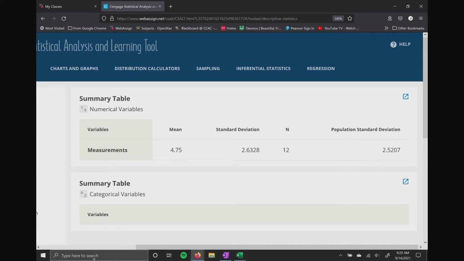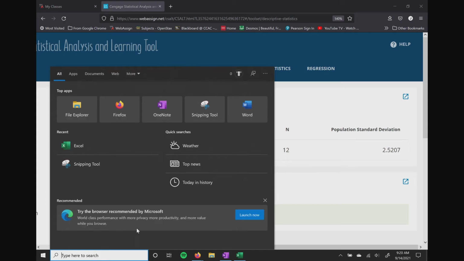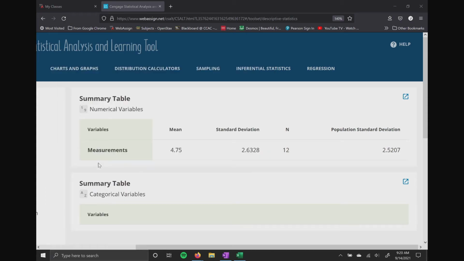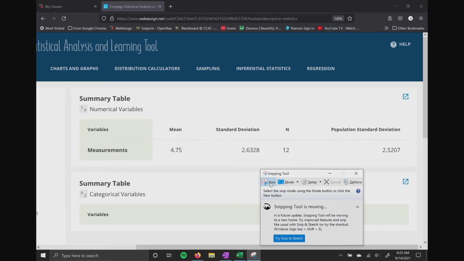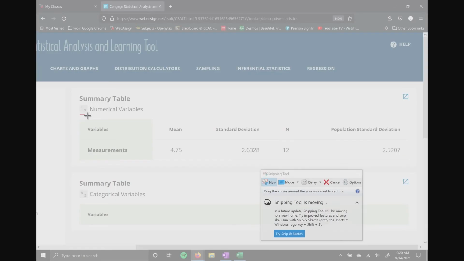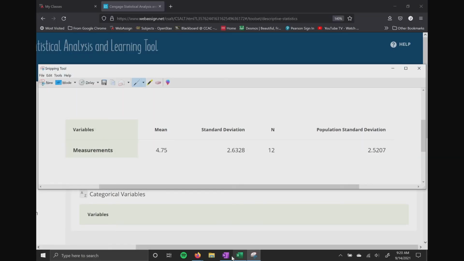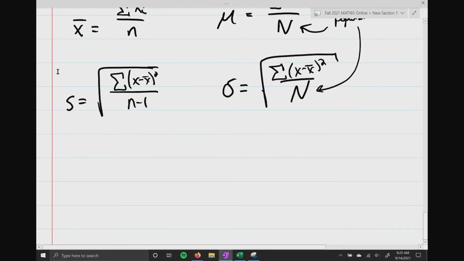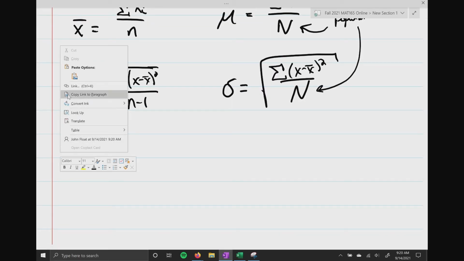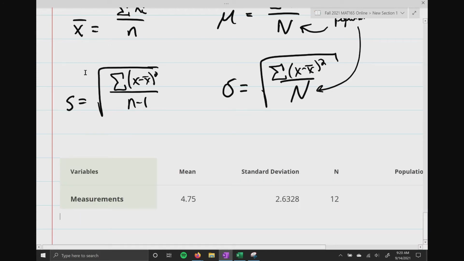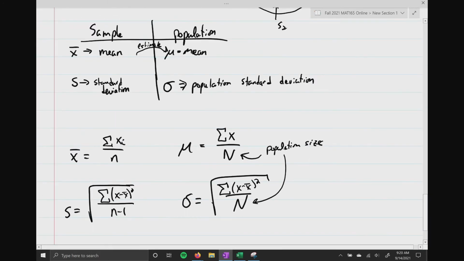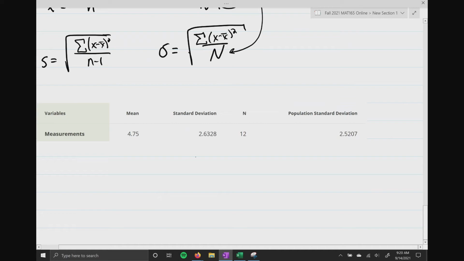I think that's really important. So what I'm going to do is use my snipping tool. I'm going to copy and paste this into our notes. And I'm going to make that connection for us. So this is S. This is sigma.